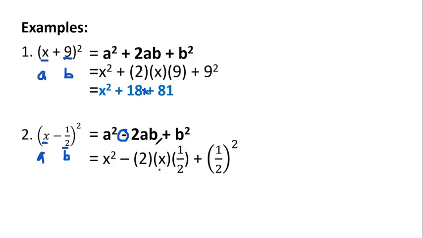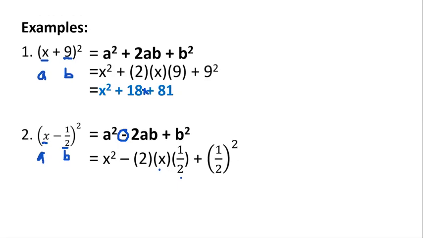And the value of our b is 1/2. So the negative 2ab became negative 2 times x times 1/2. And for the b squared, the value of our b is 1/2, so that is what we put here, so it became 1/2 squared.